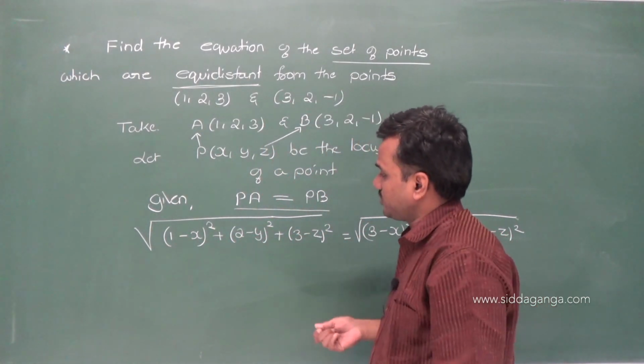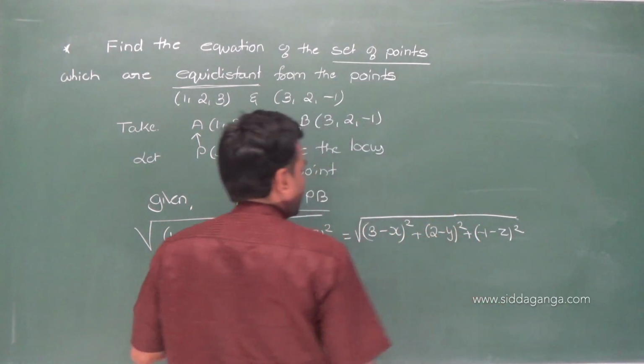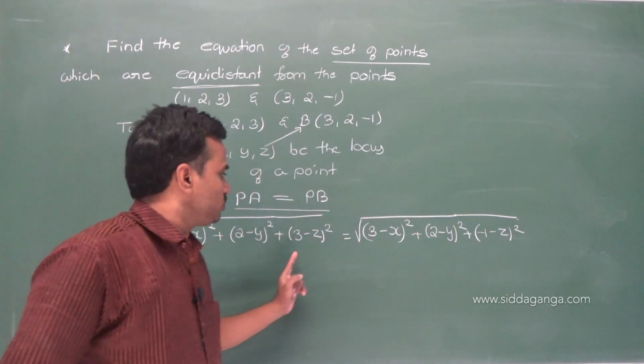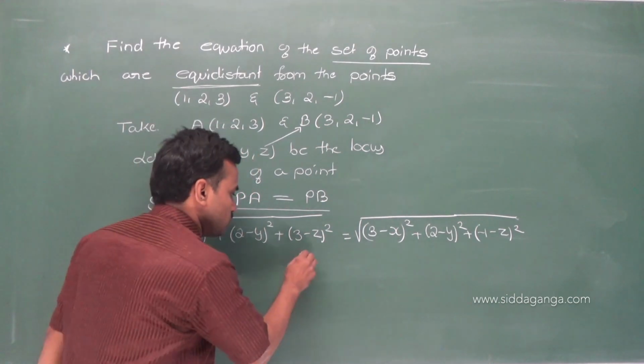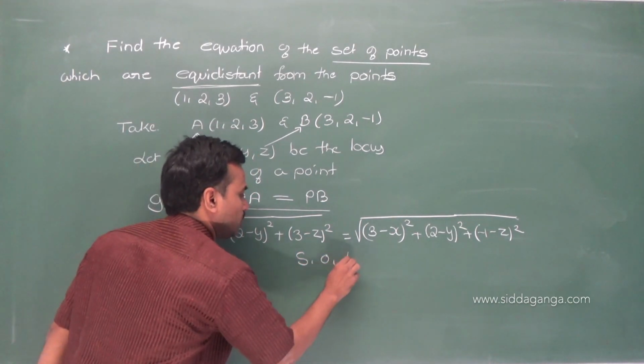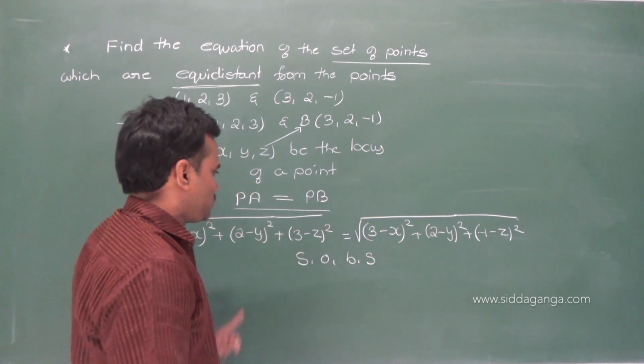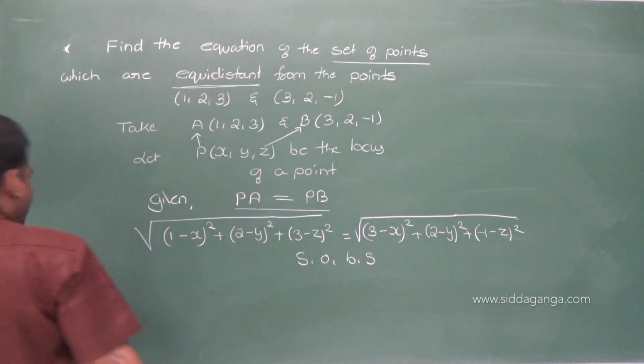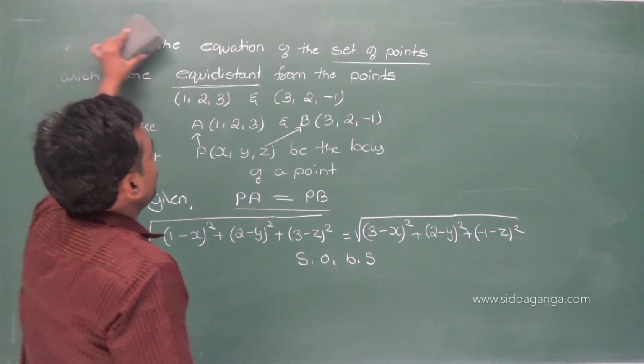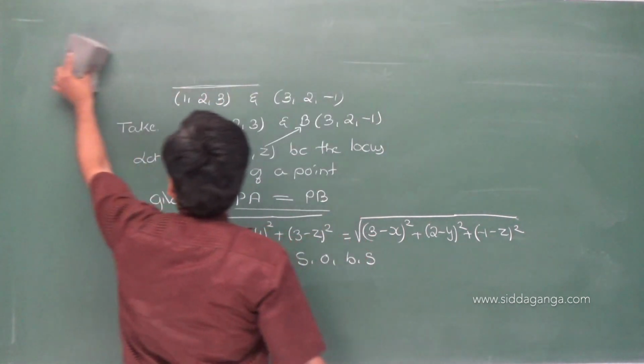What is the next step? To remove the square root, correct? To remove the square root, what we do? Squaring on both sides.